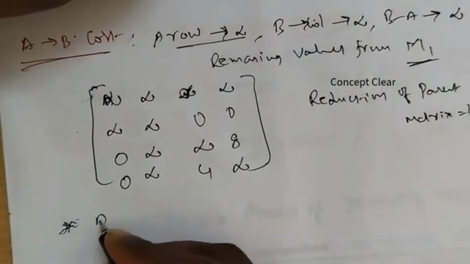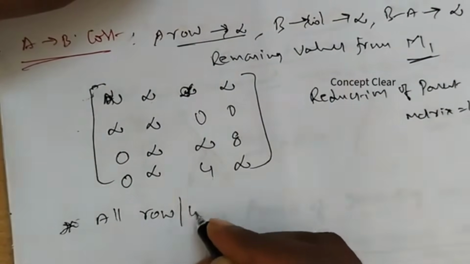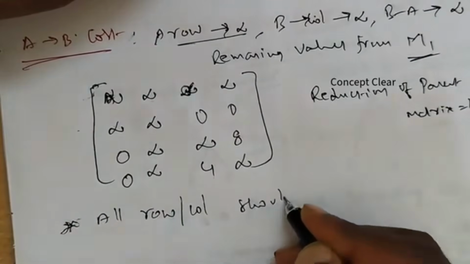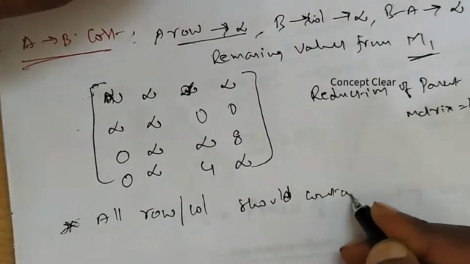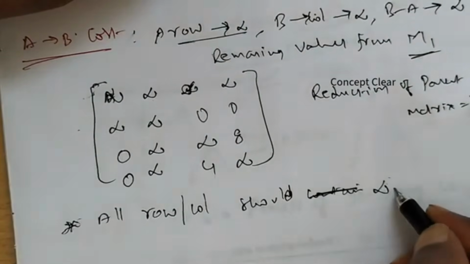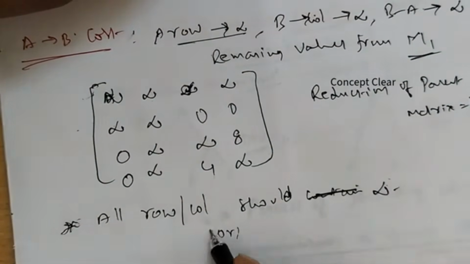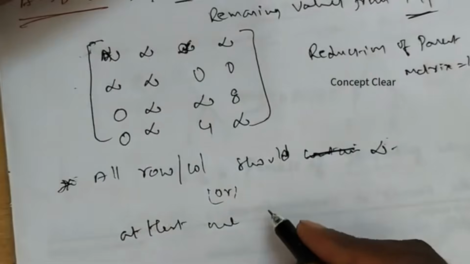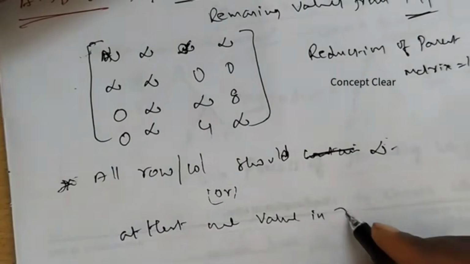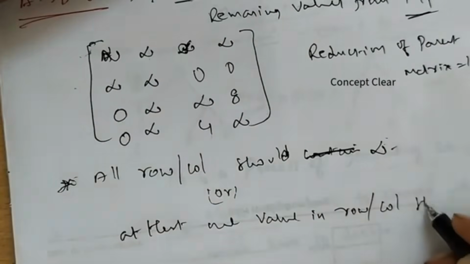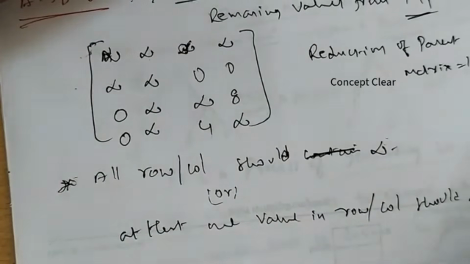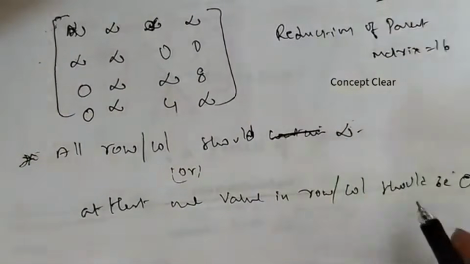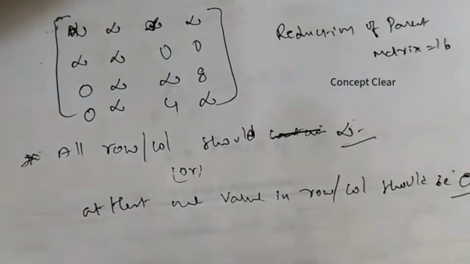All the rows or columns should be infinity, then no need to check, or at least one value in the row or column should be 0. Okay, at least one row or column value should be 0. So the reduction is 0. Either this condition or this condition is satisfied, then there is no reduction.